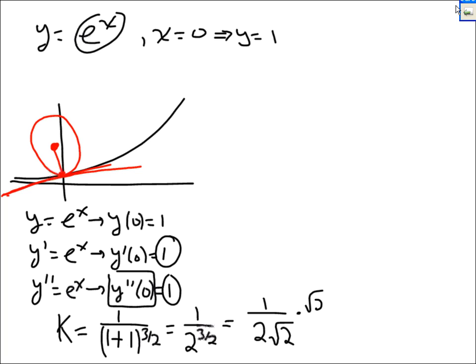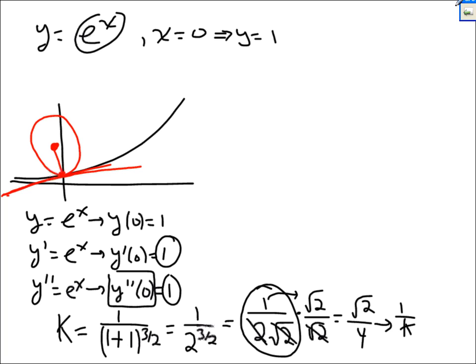If I multiply top and bottom by square root of 2, that is, if I multiply by 1, 1 times square root of 2 is square root of 2, and 2 square root of 2, times another square root of 2 is 2, times yet another 2 gives you 4. That's the curvature. This tells me that the radius, now I'd rather take the radius from here. The radius is 2 over square root of 2.